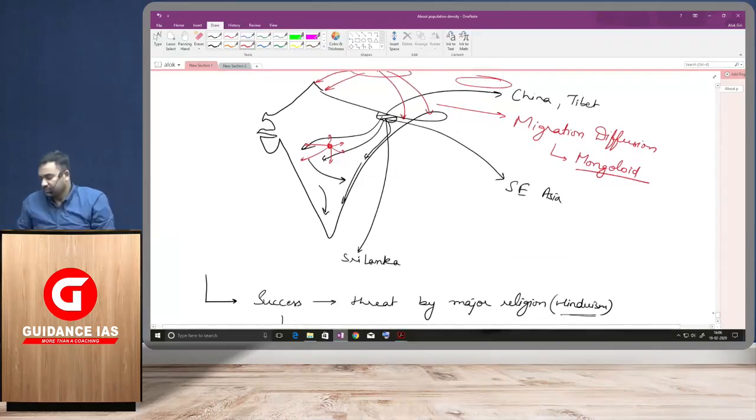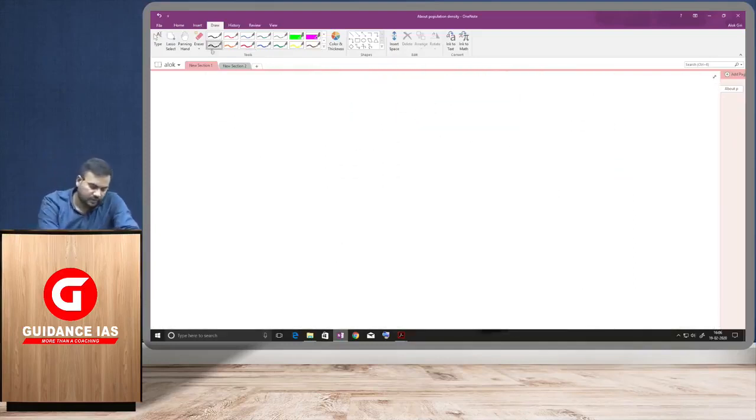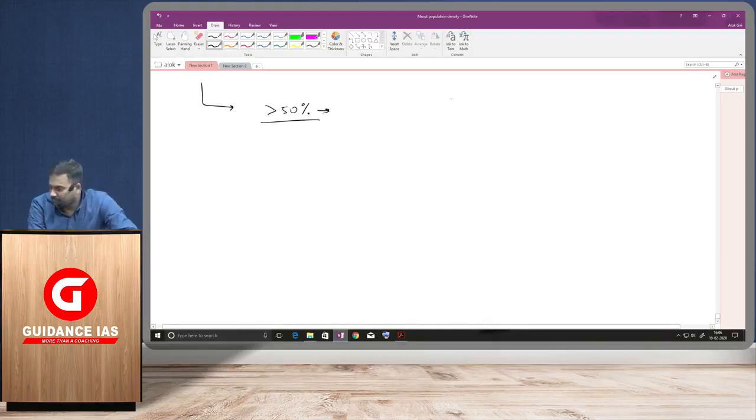So if we look into the areas of Buddhism, there were some areas where percentage concentration was very high, for example above 50%. Two important districts were Tawang, Arunachal Pradesh, and North Sikkim, where their concentration was high. Then there were areas where it was 40 to 50%.